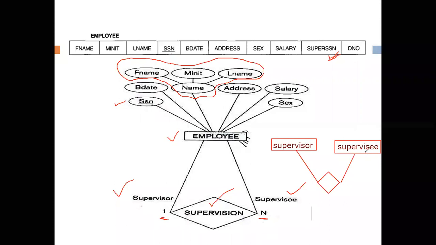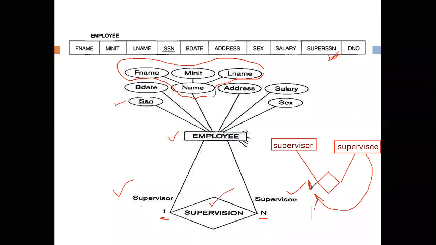How many supervisors will be there for one supervisee, or for an employee, how many supervisors will be there? One. So that one will be indicated on the opposite side. Over here we will write one, because for one employee there will be one supervisor.